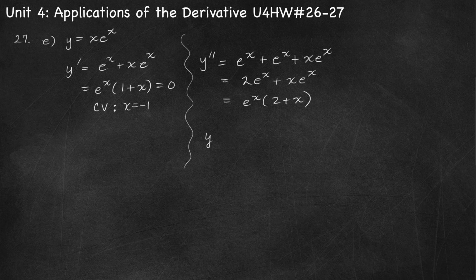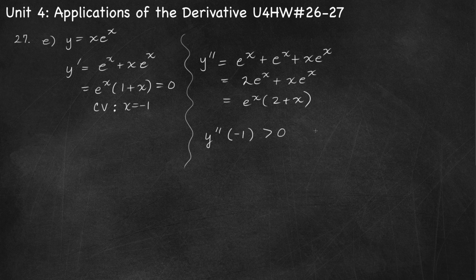Now I want to evaluate my second derivative at my critical value. So e to the power -1, that's positive. E to anything is positive. 2 plus -1 is positive. Positive times positive is positive.